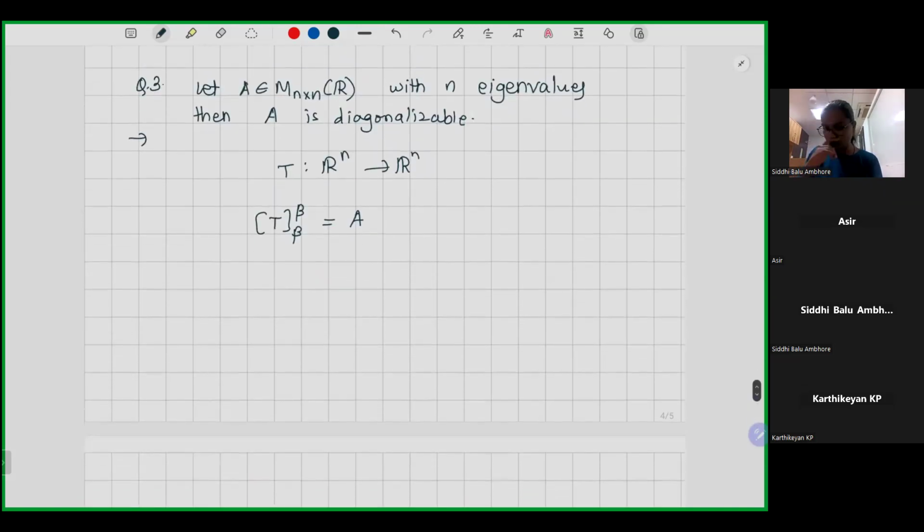We really don't, those are all just multiplication by elementary matrices, so nothing changes much. But if this is T, then there are n eigenvalues of this linear transformation.